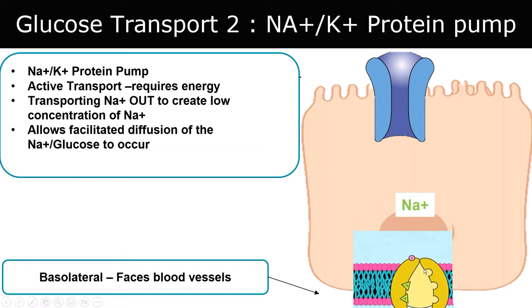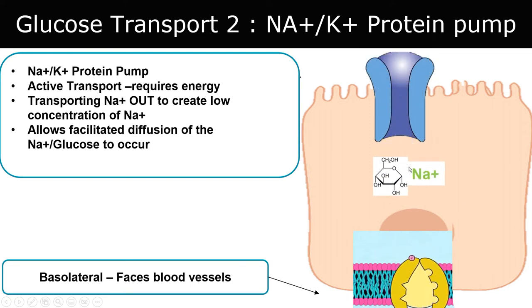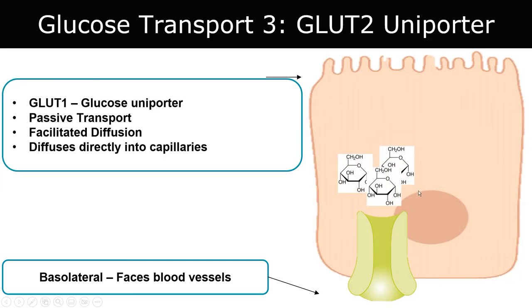So when these three sodiums are being transported out, that's giving me a low concentration of sodium inside. And so that is what is creating that low sodium concentration that's going to allow that co-transporter to move both the sodium and the glucose. It cannot work if there is still a high concentration of sodium.